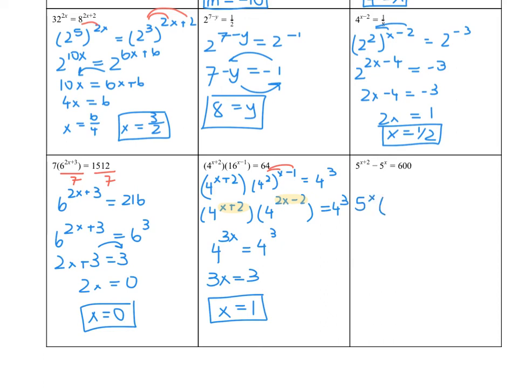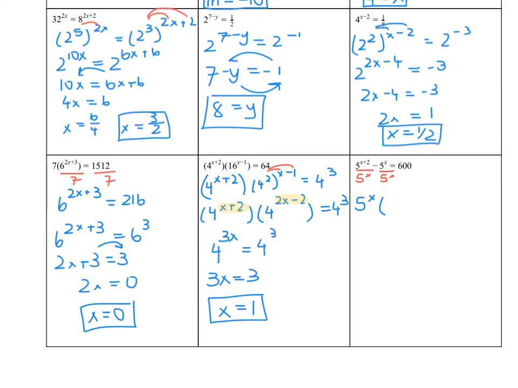If I put the 5 to the power of x as a common factor, and thinking back to common factors, when you factor something out, you're dividing both terms by the GCF, which is 5 to the x. Now if I do 5 to the power of x plus 2 divided by 5 to the power of x, I'm actually just using my quotient rule, which tells me if the bases are the same, subtract your exponents.